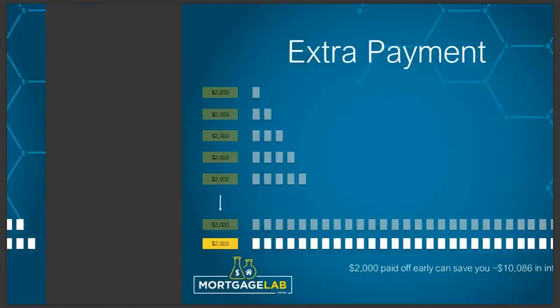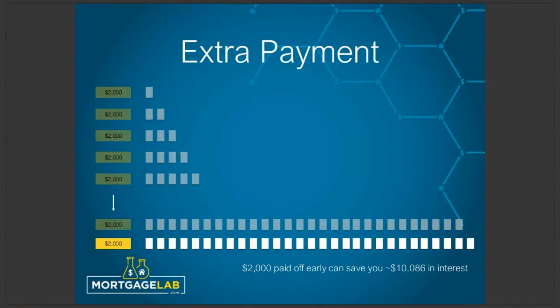In fact, the last $2,000 ends up costing you around $10,000 in interest. So now imagine if right back at the beginning of that mortgage, month 1 or 2, you could find $2,000 from somewhere. That would reduce your mortgage by one payment, which means that last $2,000, the one that costs you an additional $10,000 in interest, never existed, which means you're $10,000 richer.